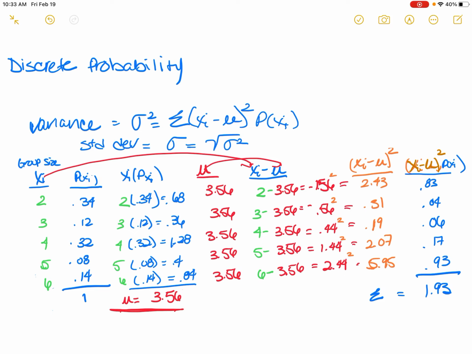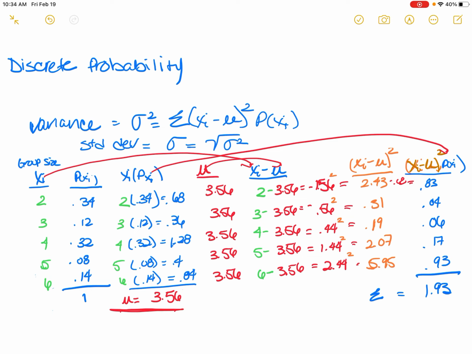And then I took that x minus mu squared, and I multiplied that by the probability. So here's our probability, right? So this would be the 2.34 times 0.68, and that gave me the 0.83, right?